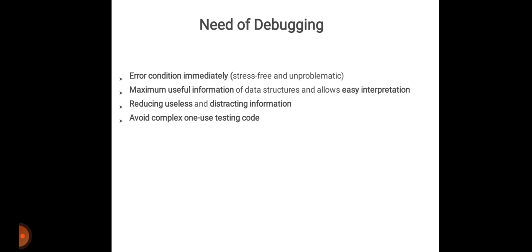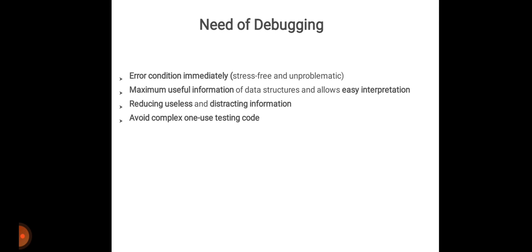It also provides maximum useful information of data structures and allows easy interpretation. Means the complexity of our code is identified here. If any error occurs in our program, the software programmer knows where the error is located.